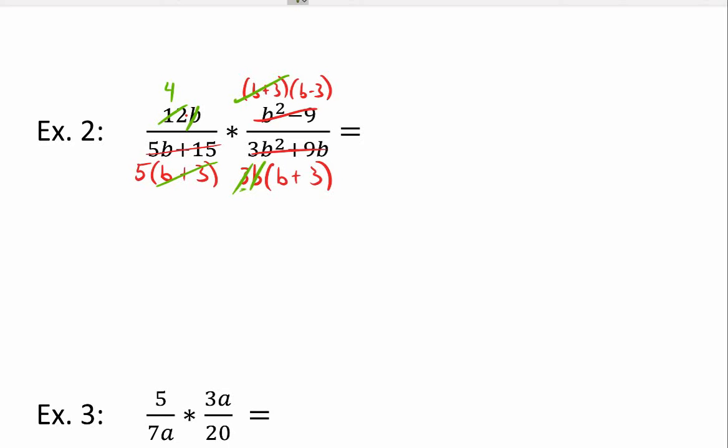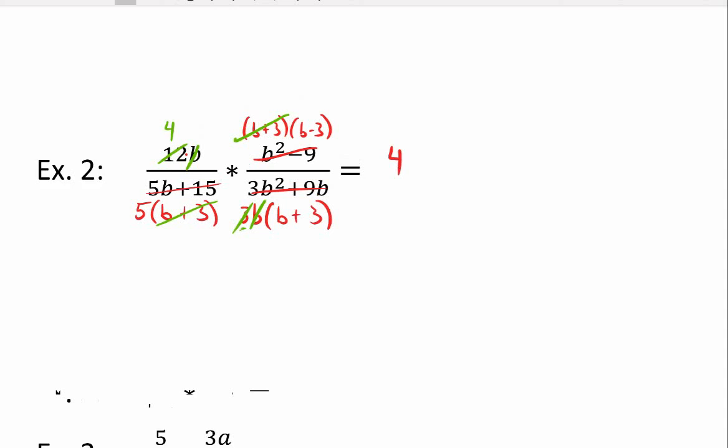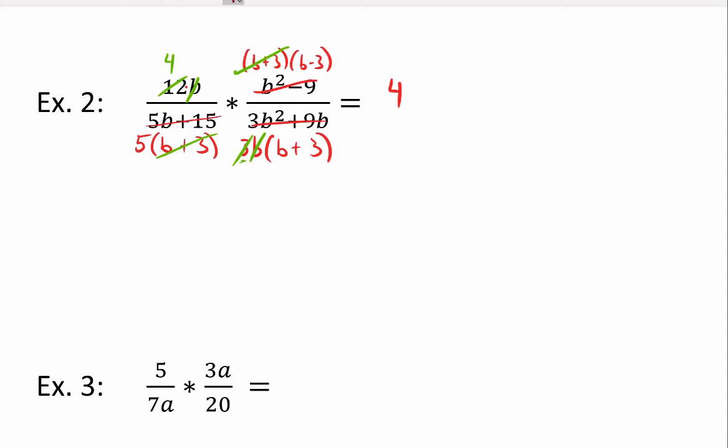And now we want to carefully scan across the top and the bottom to line up all of our remaining factors. So in the numerator I have a 4 and a b plus 3, b minus 3, b minus 3. And that's all I have left from the numerator. In the denominator, I have a 5 and a b plus 3.